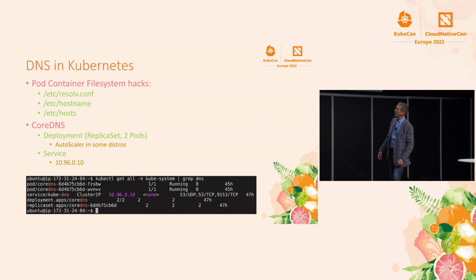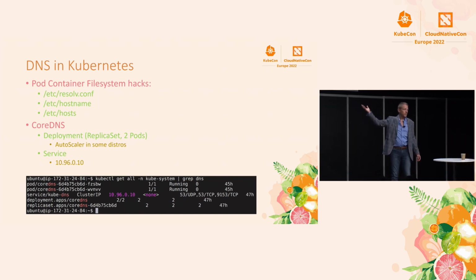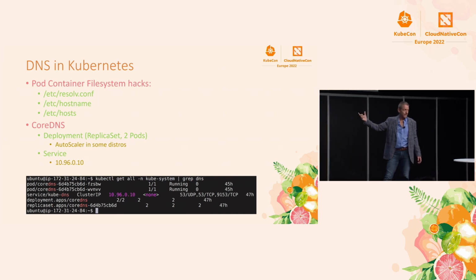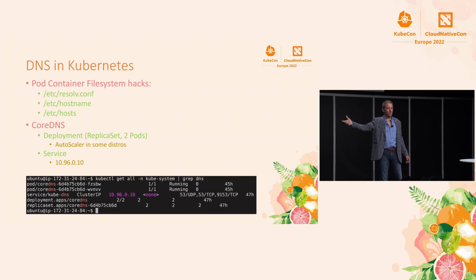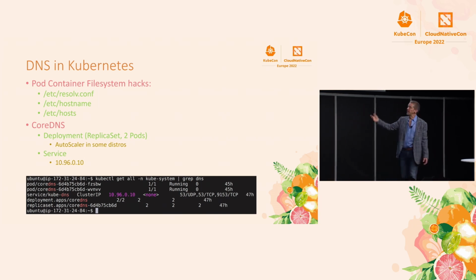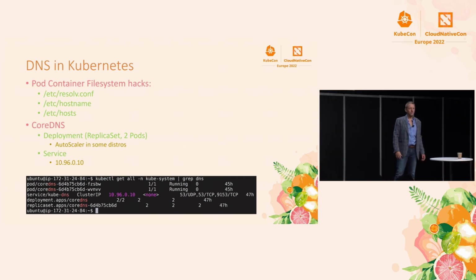So how could you possibly create an etc hosts file with the correct information, right? Since it should have your IP and your host name in there. How could you possibly create a host name file with the correct information, since the name of your host when you're a pod is the name of your pod, and that's dynamically being created, so you don't even know what it's going to be. And then the final thing is resolve.conf.